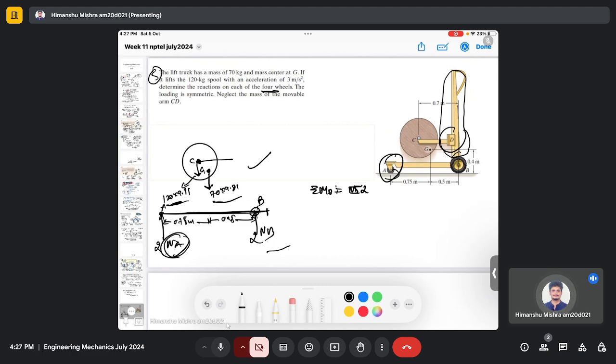I can also do the force balance analysis in the vertical direction, and then it will be equal to MAY.